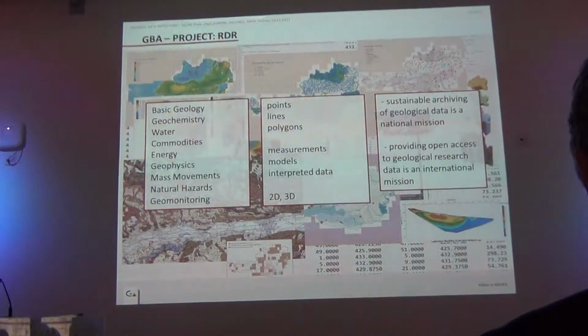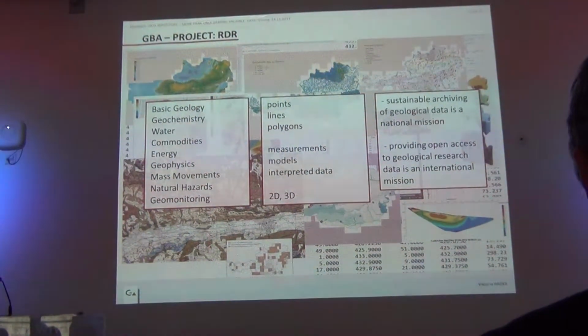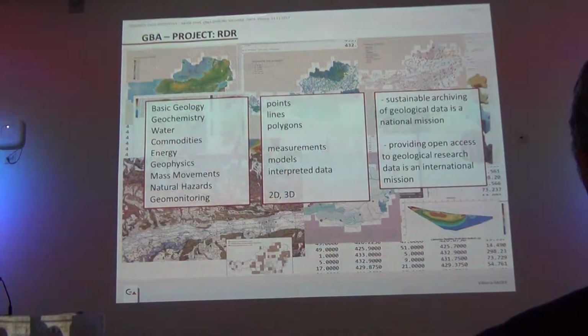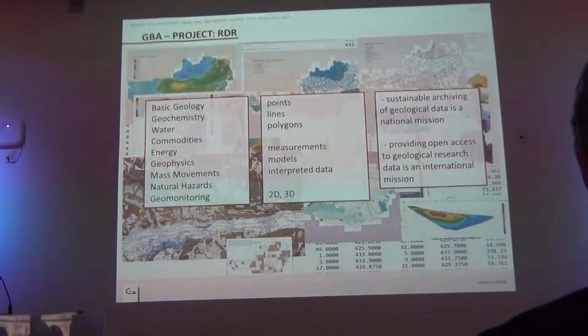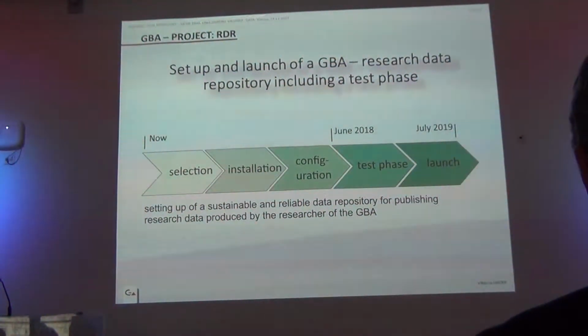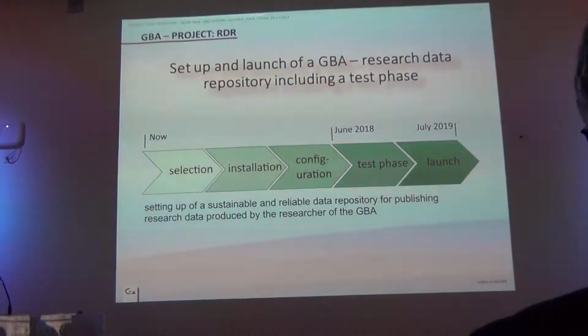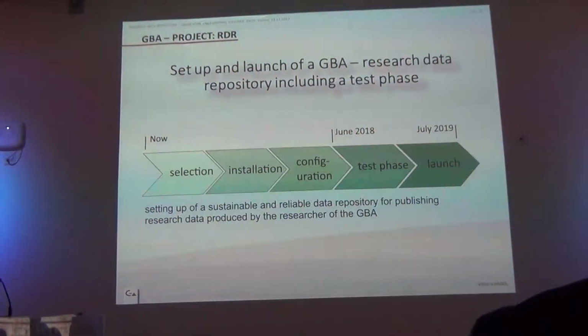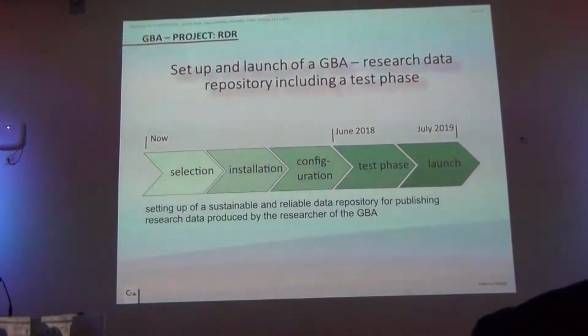It means we have to archive geological data sustainably. And internationally, there's also a mission. We have to provide open access to geological research data. So that means for us that we want to establish a research data repository, a GBA own research data repository.